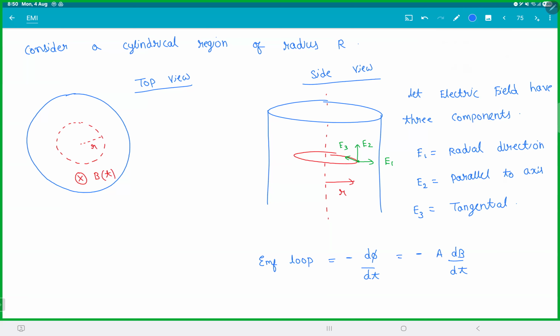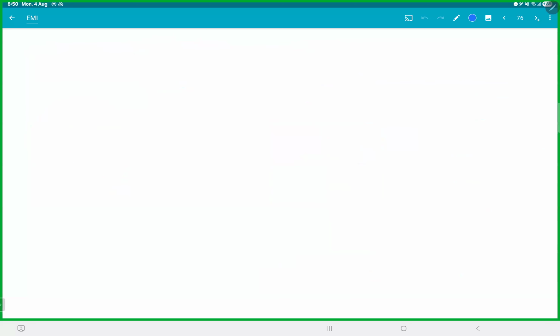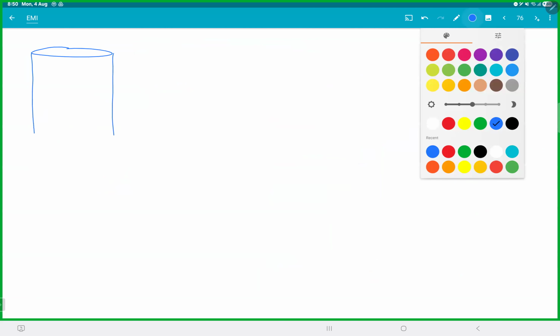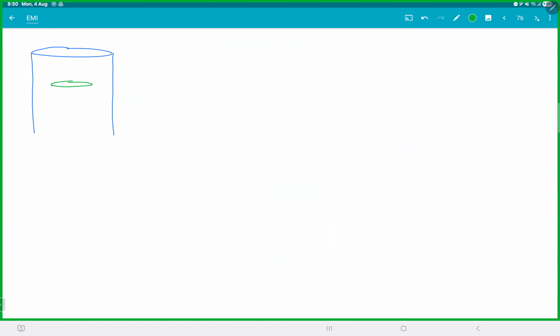Great. Now let's try to figure out this E1, E2, E3. Let's try to find E1. So in this cylinder, consider a Gaussian surface. If E1 exists, E1 will be in the radial direction.